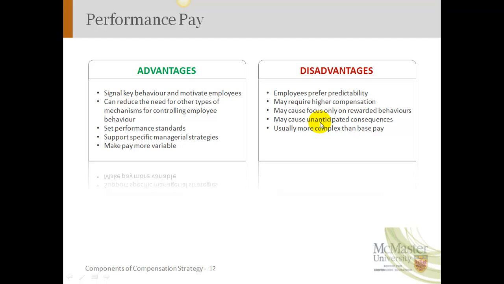It might also cause unanticipated consequences. So say, for example, this is just a funny story that I happen to know about. Green Giant is a company that many of you have heard of. You probably bought some of their products. And it was interesting because at one point in time, workers on the line were incentivized, or got performance pay, based on how many insects they actually removed from the harvest that came through for processing.